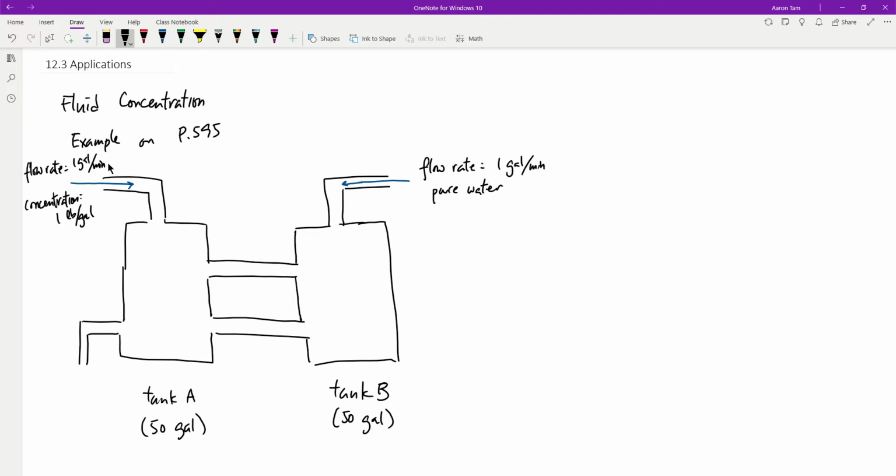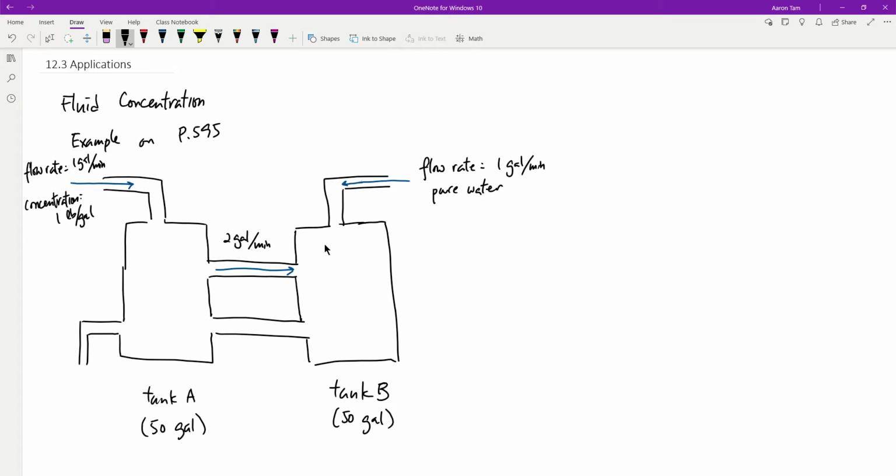And then the liquid goes inside, and it travels between the two tanks using these two pipes. It really doesn't matter how this works, but I'm going to say that the first pipe, this top pipe, allows liquid to transfer from tank A to tank B at a rate of 2 gallons per minute.